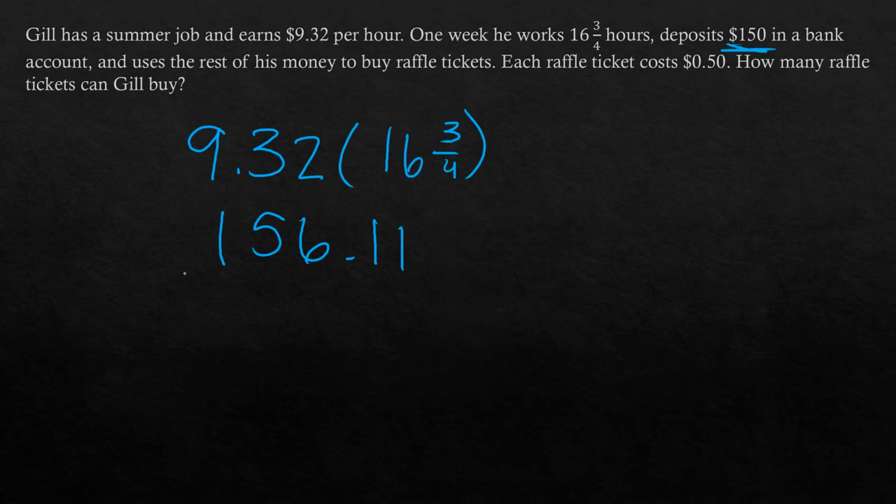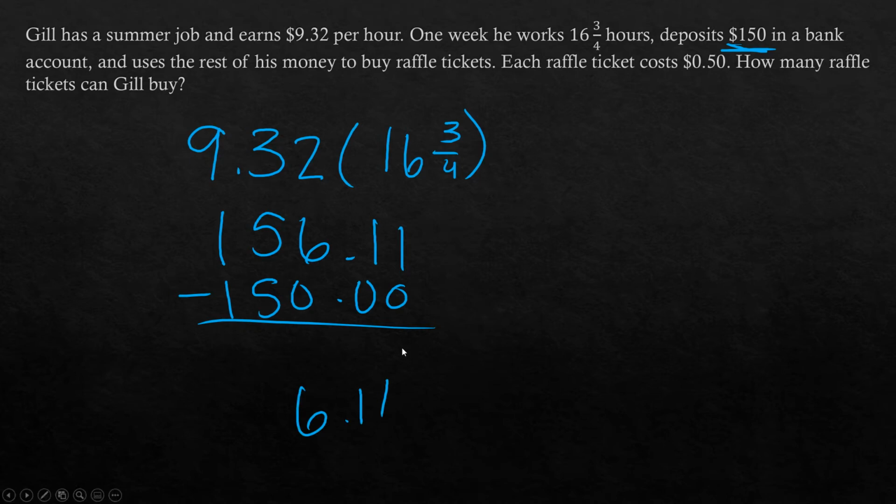He's depositing $150 in the bank, which means he has $6.11 left over. If each raffle ticket is 50 cents, I'm going to take that $6.11 and divide it by 50 cents. Okay, so I have $6.11 divided by 50 cents, which is going to tell me that he can buy 12 tickets.